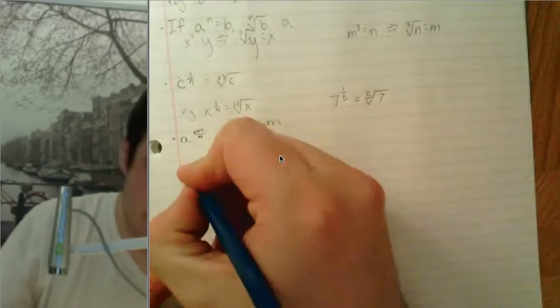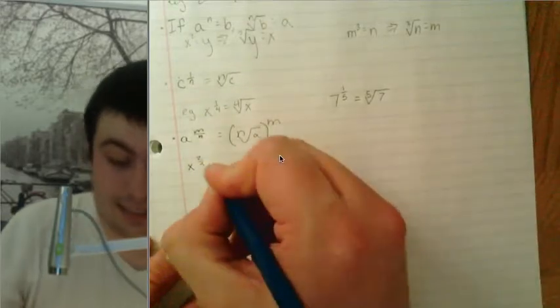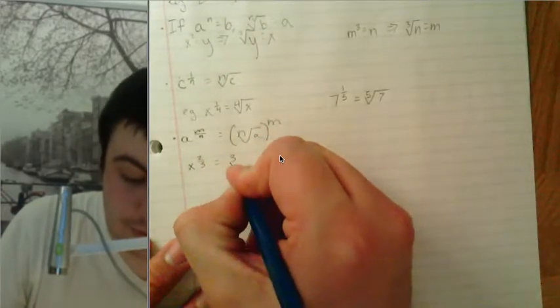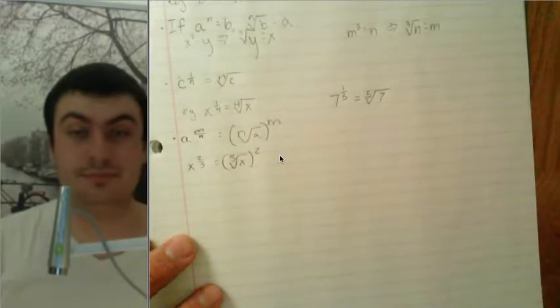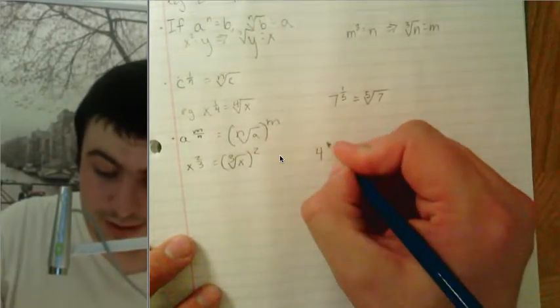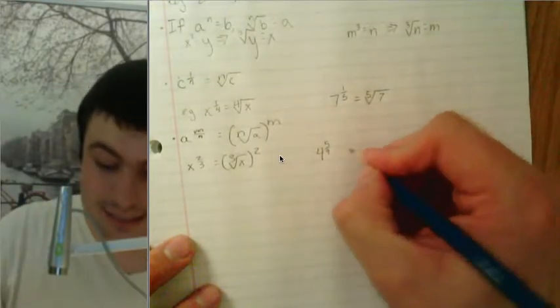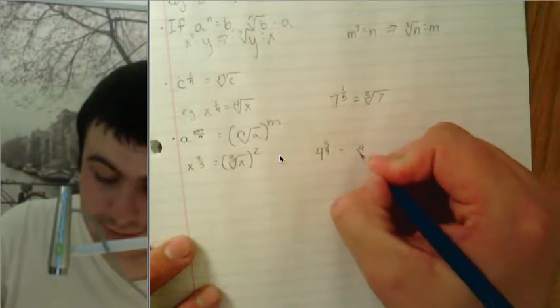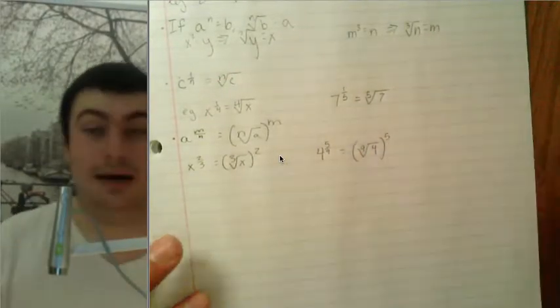So for example, if we had x to the 2/3 power, that's like saying the cube root of x all squared. Or if we had 4 to the 5/9 power, that's like saying we're going to take the 9th root of 4 all to the 5th power.